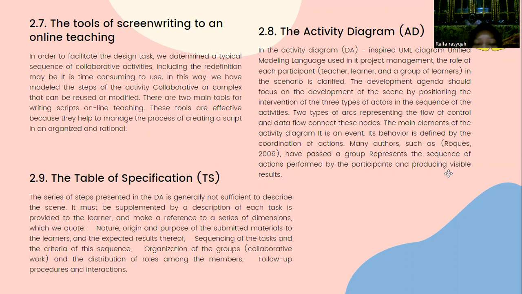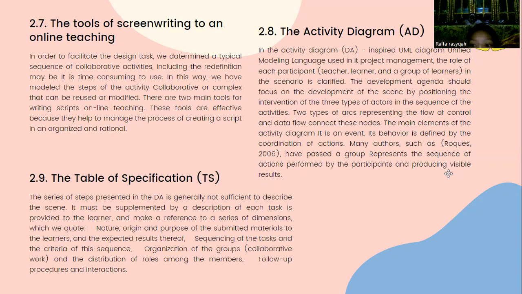Next is point 2.8, the activity diagram, AD. The activity diagram is inspired by the UML diagram, unified modeling language, used in project management. The role of each participant, like teacher, learner, and a group of learners, in the scenario is clarified.